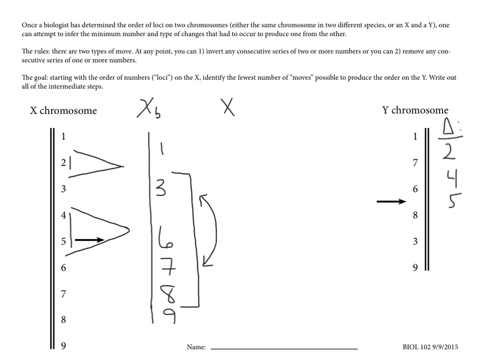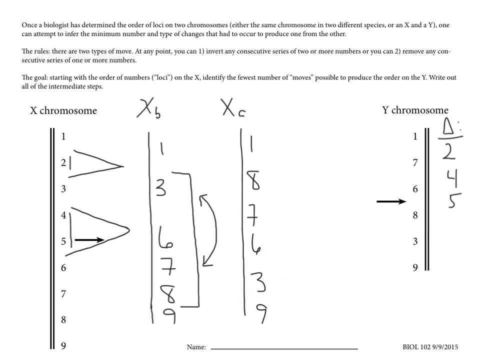So that might create chromosome X version C, let's say, where the order of markers will be 1, and then we reach the newly inverted block 8, 7, 6, 3, with 9 on the end.